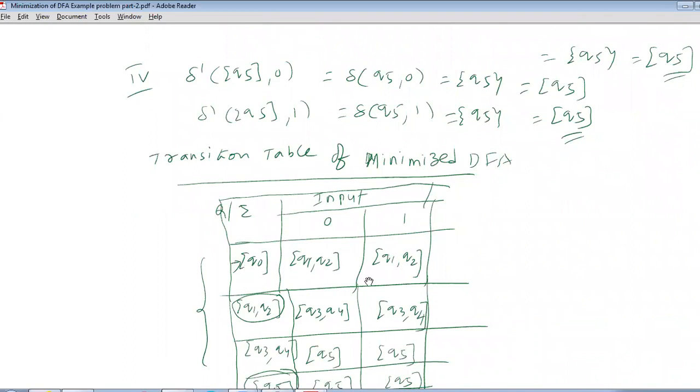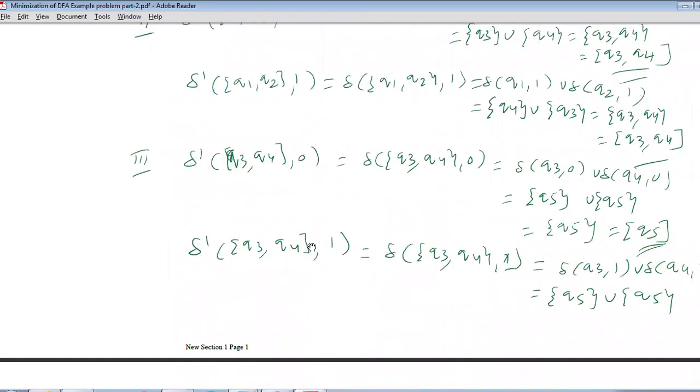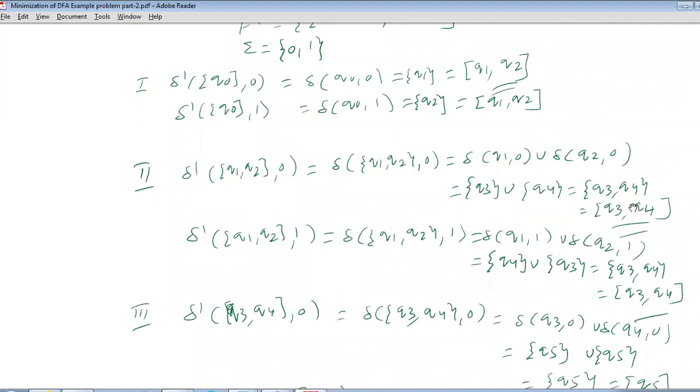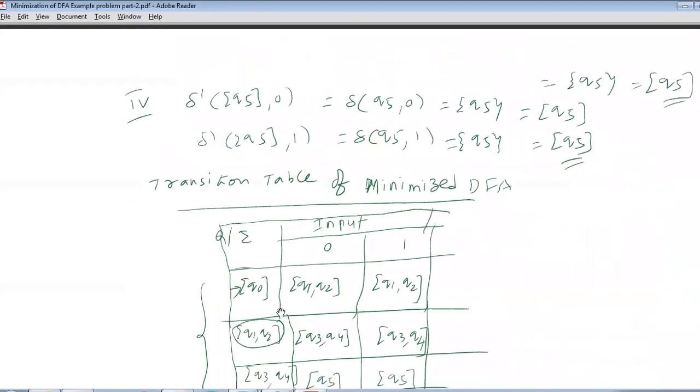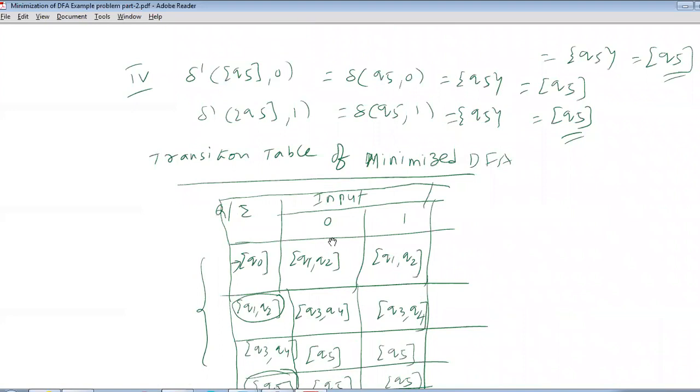Similarly Q0 on 1 also gets the same state, Q1, Q2. Then Q1, Q2 on 0: the next state is Q3, Q4. Q1, Q2 on 1 also gives the same next state, Q3, Q4.